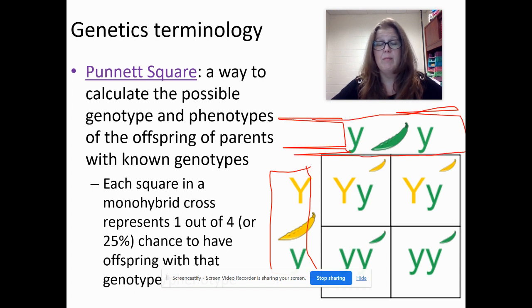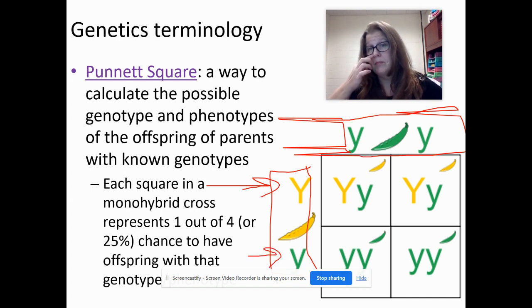So one parent on the left, one parent on the top, and we separate them to show this is one allele, and this is our other allele that this parent could potentially pass on. And this simulates meiosis and how meiosis breaks those alleles apart. So the gametes for this particular parent are either going to contain the dominant allele or the recessive allele.